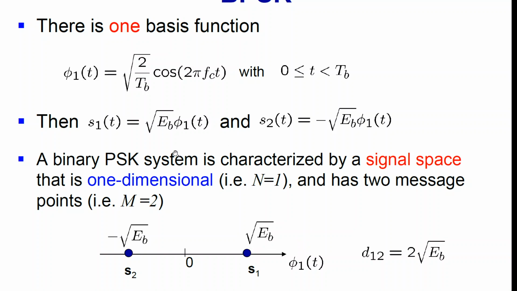Since the signal space is one dimensional, all the points should fall on a line. Now S2 of t is minus root EB phi 1 of t, so this is minus root EB. This is called the constellation diagram for a BPSK system.